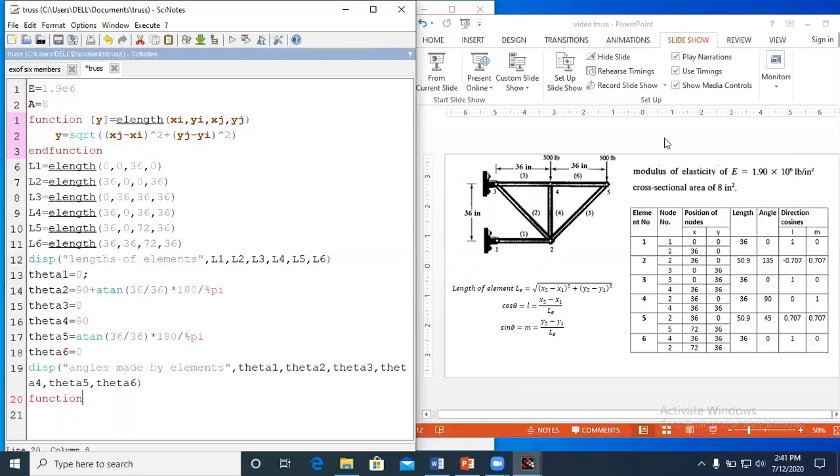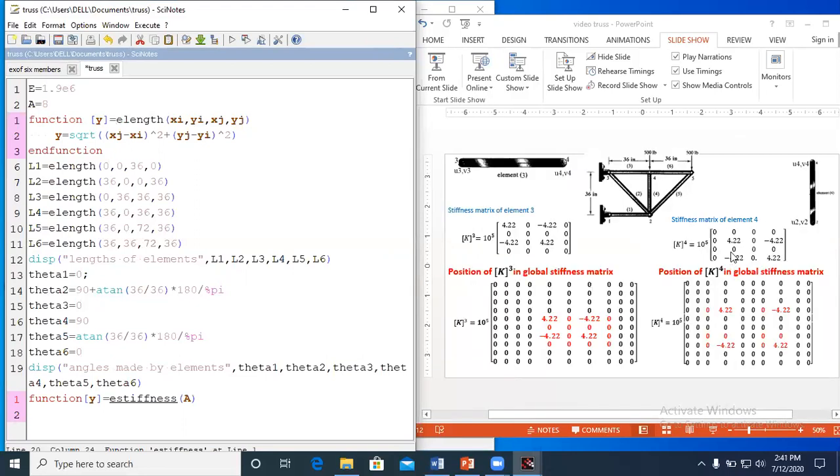In the function, I will write a return argument, then the formal arguments. The name of the function is stiffness, and in the arguments we need the area, because you can see here the equation of the stiffness matrix.